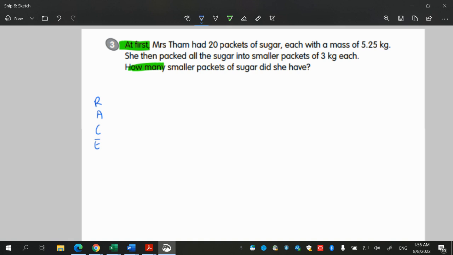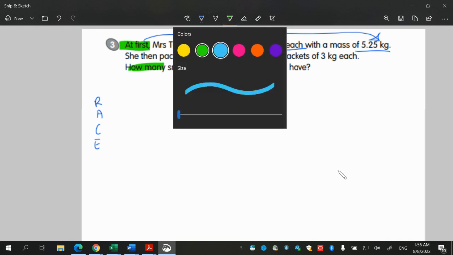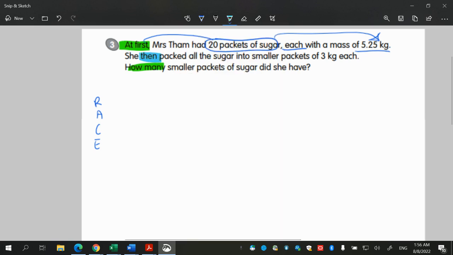So 20 packets of sugar, that's what's happening at first. And each of the packets is a mass of 5.25 kilograms. The part about "then" shows there's an action, a packing action. She packed all of the sugar into smaller packets.